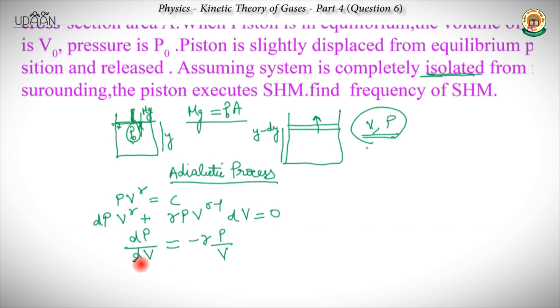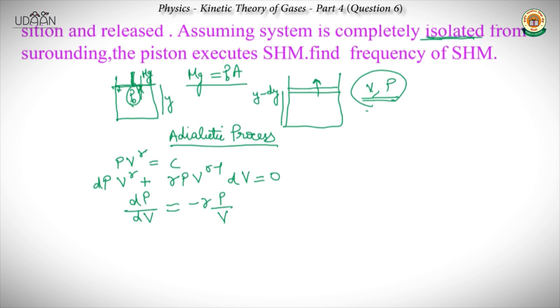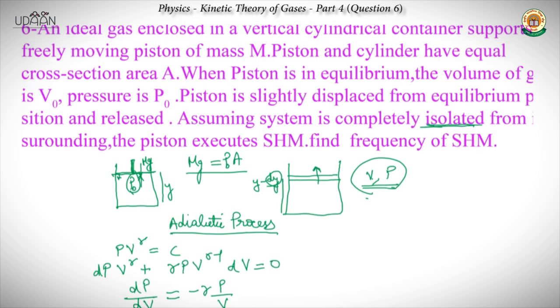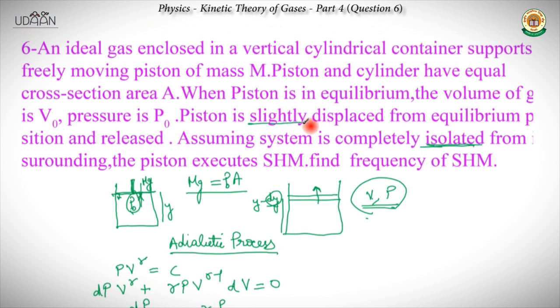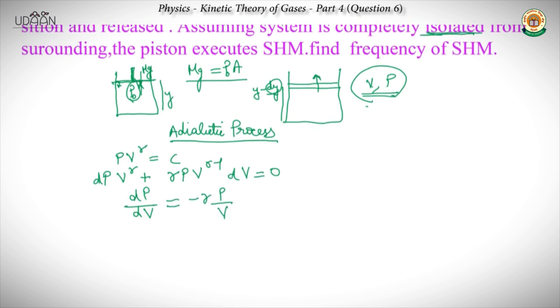Now here we get another variable. We know that this will be valid throughout, but we cannot know every P and V. That was the main problem in the first place. So we note that this dy, this change which we have made, is very small when slightly displaced. That is the word that has been used in the question.